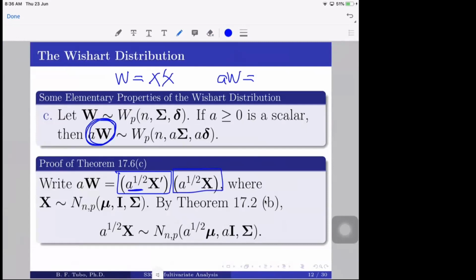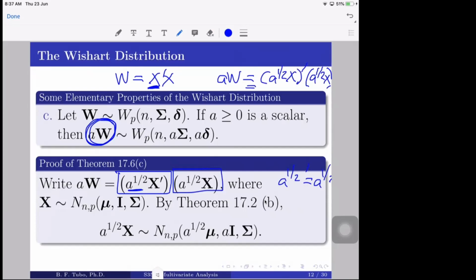Since A is a scalar, A to the 1/2 prime is still A to the 1/2. No? So actually, what we want here is A to the 1/2 x prime times A to the 1/2 x. Are you following? Yes, ma'am.